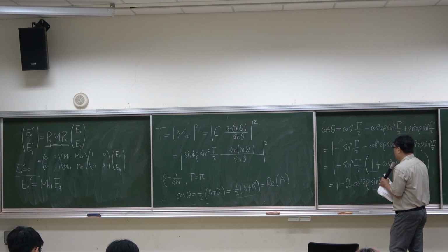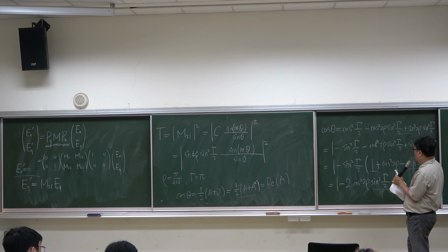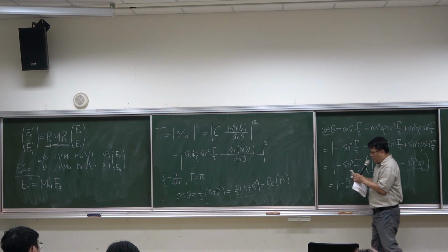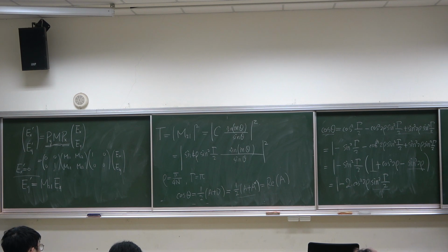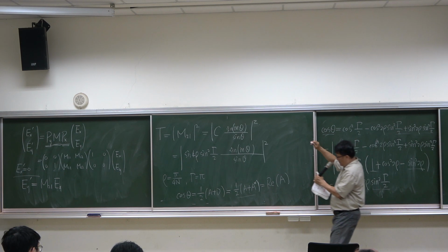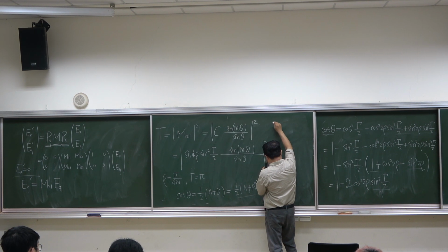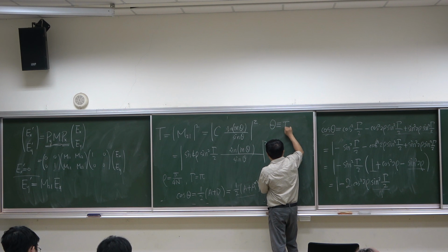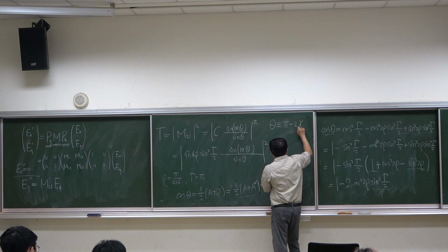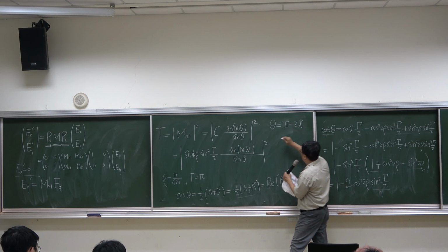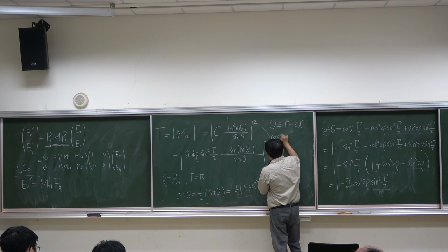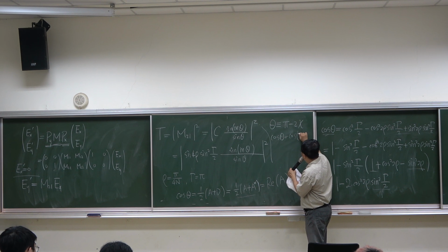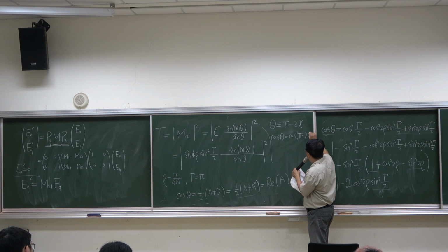So if I try to make a transformation, I define theta equal to pi minus 2 chi. Then cosine theta becomes cosine of pi minus 2 chi.